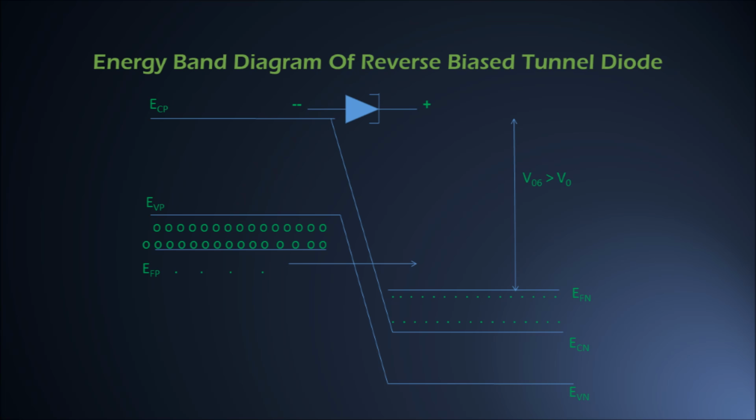The reverse current is due to quantum mechanical tunneling of minority charge carriers, that is free electrons from the p side to the n side. As the reverse voltage is further increased, more and more covalent bonds break and reverse current goes on increasing.